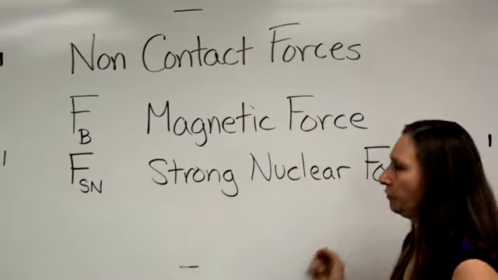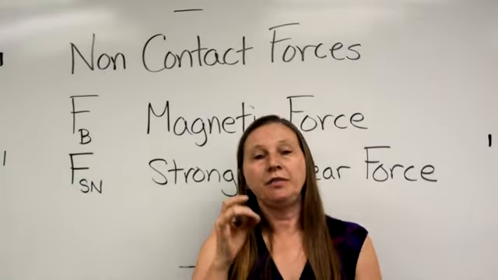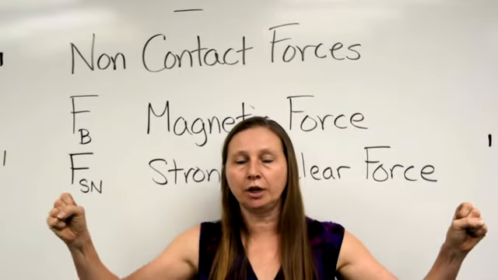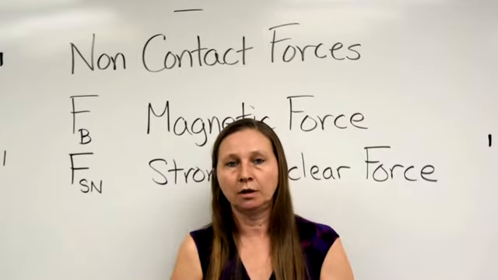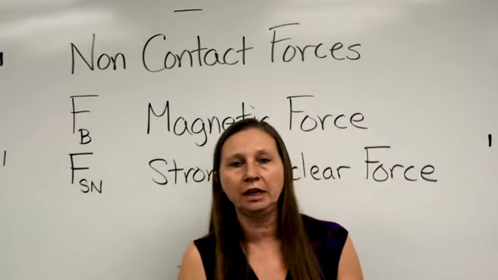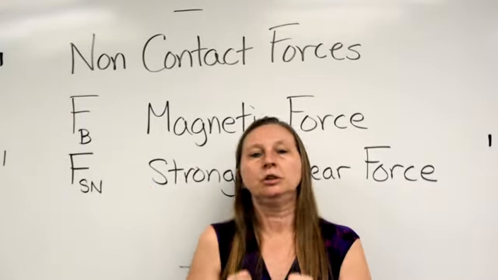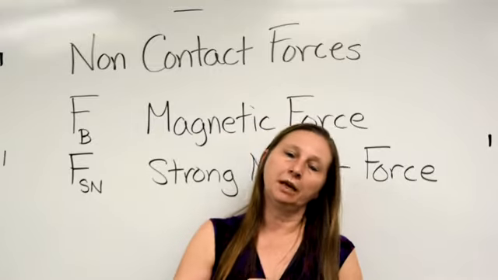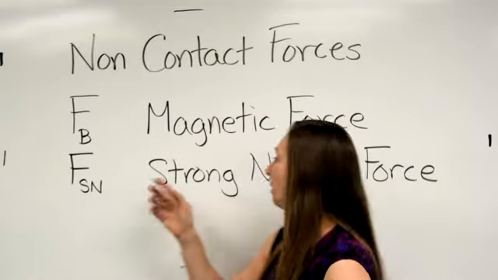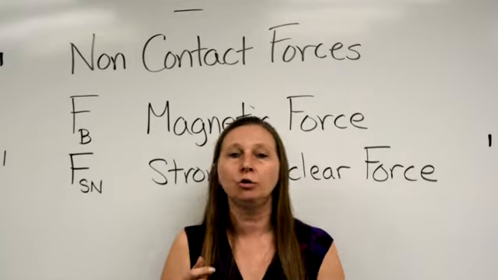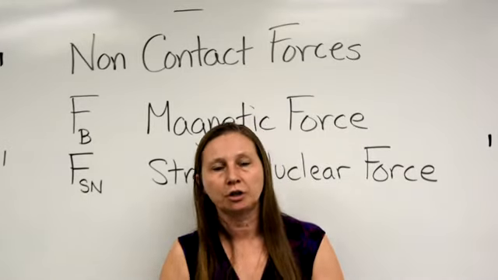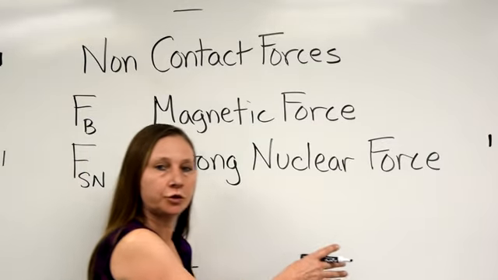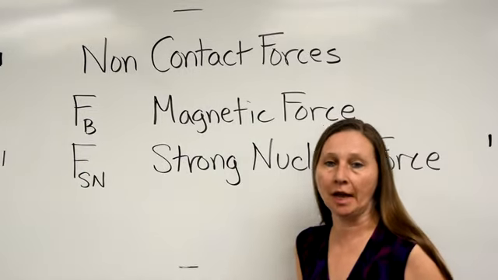The strong nuclear force is stronger than the electrostatic force, the protons wanting to push each other apart because of their positive charges. It pulls the protons together, and it also attracts the neutrons together. Now, the reason that both protons and neutrons are affected by the strong nuclear force is because the strong nuclear force holds quarks together.